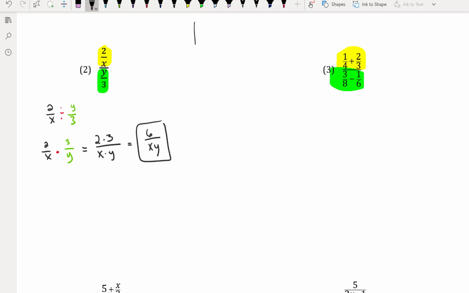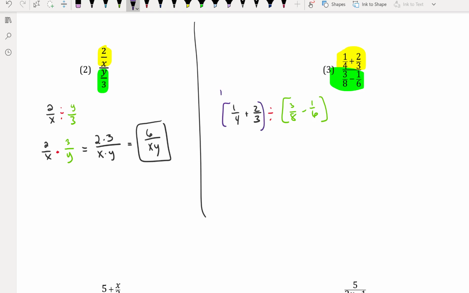If I were to rewrite this, my numerator is 1/4 plus 2/3, and it's being divided by 3/8 minus 1/6. Now here I'm going to put brackets around it so I know what I'm doing. This one represents my numerator, and that green fraction represents my denominator.